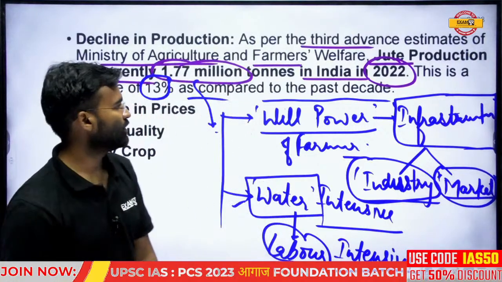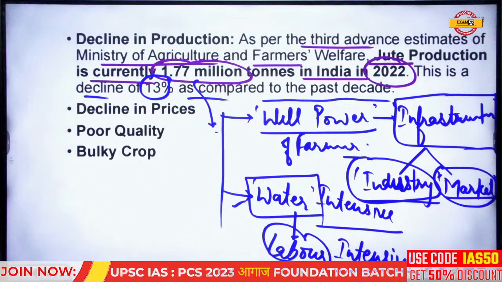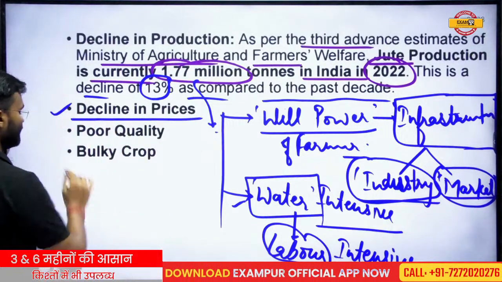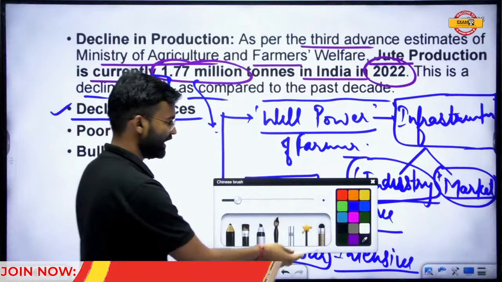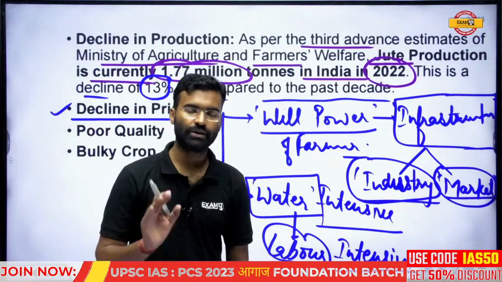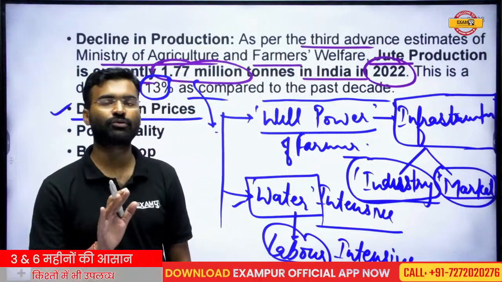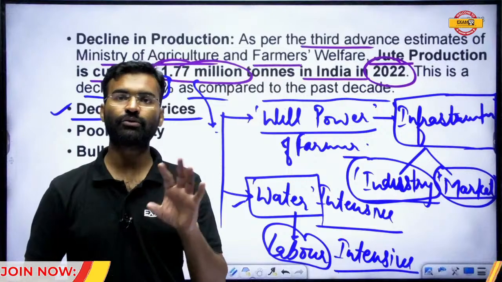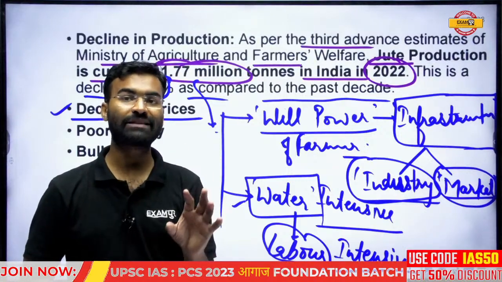So these are some of the reasons, and another is the decline in the prices. If anyone has the will to produce anything, the first thing they want is profit, the maximum price.